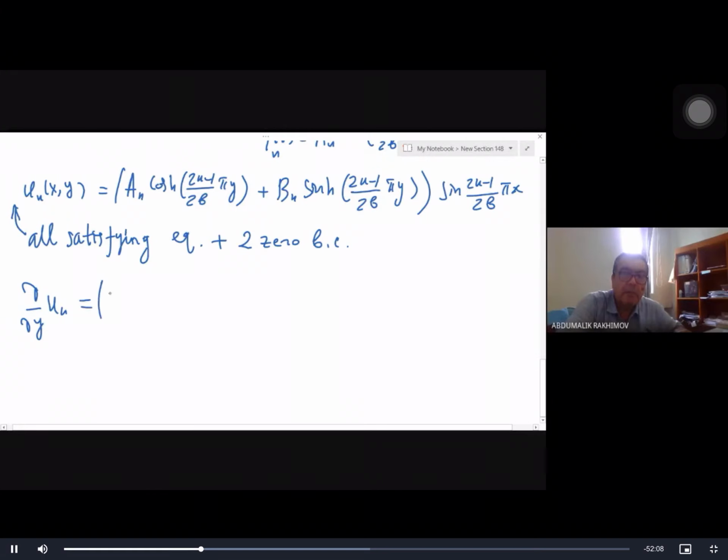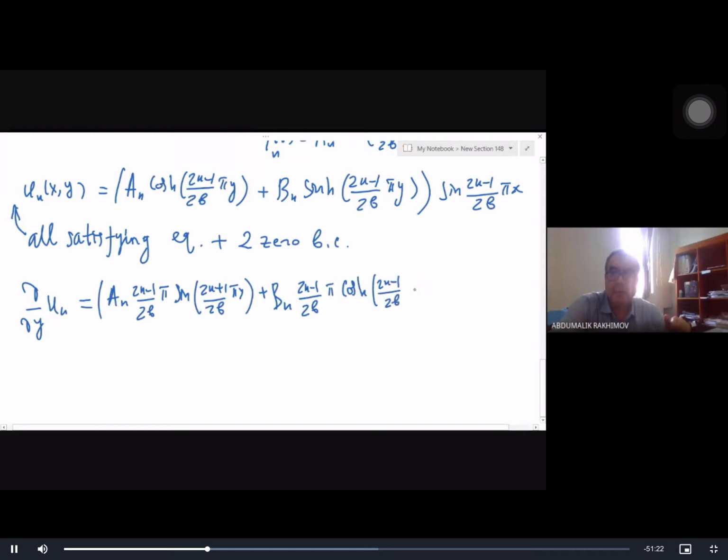This is A_n times (2n minus 1) over 2b pi times the derivative of hyperbolic cosine, which is hyperbolic sine of (2n minus 1) over 2b pi y, plus B_n times (2n minus 1) over 2b pi times the derivative of hyperbolic sine, which is hyperbolic cosine of (2n minus 1) over 2b pi y, times sine (2n minus 1) over 2b pi x.